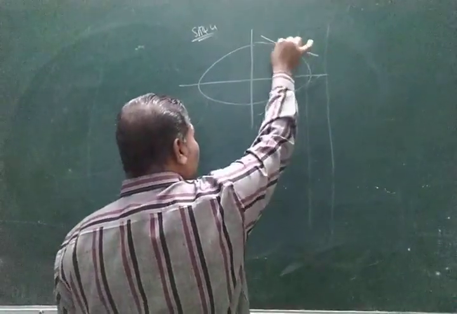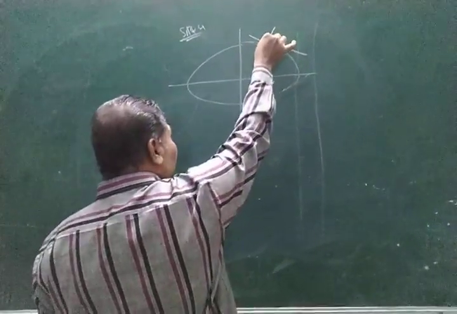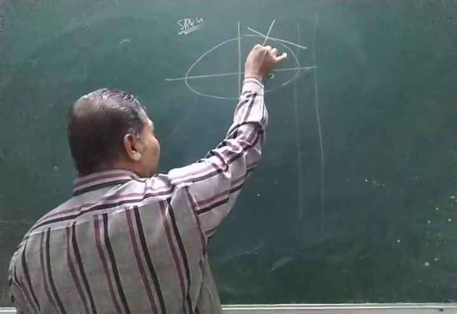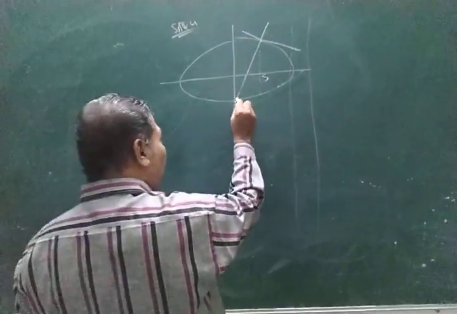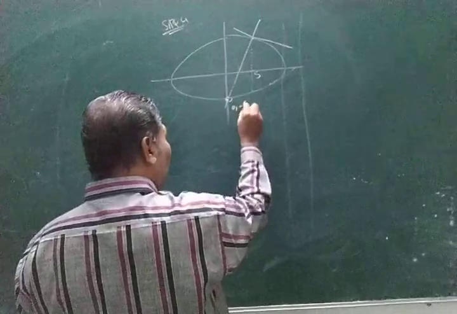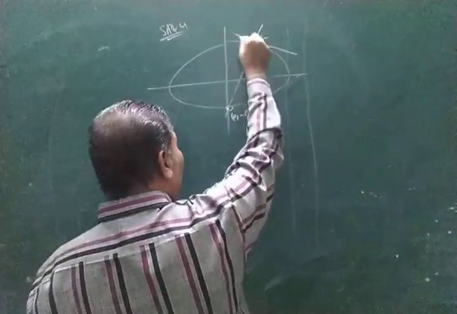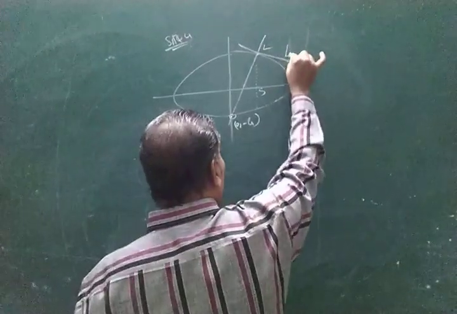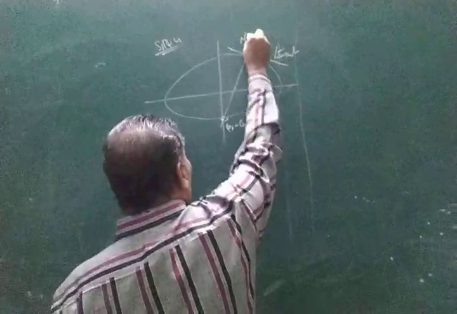This is the tangent line. Normal at the end of the latus rectum, passing through one end of the minor axis. This is L. This is the tangent line. This is a normal line.